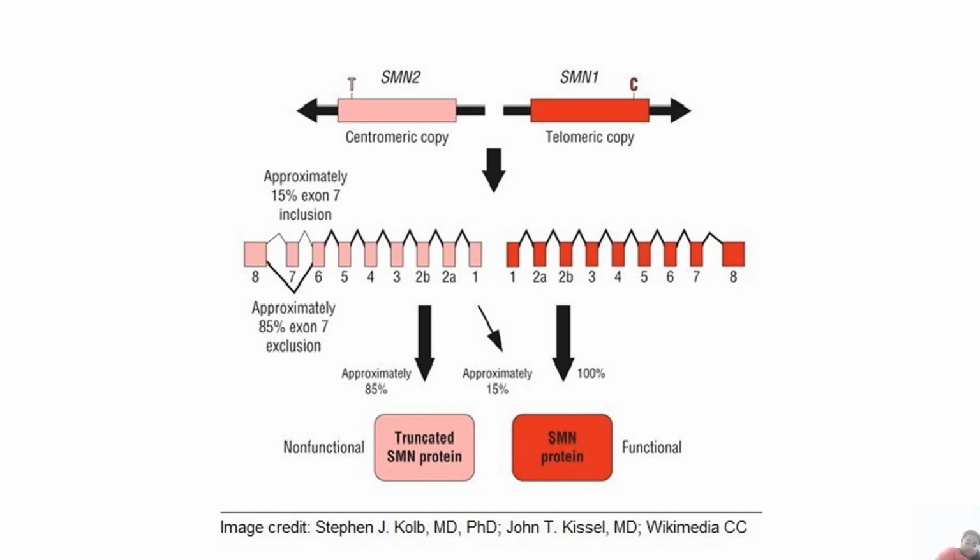This image is from this particular page. You can see the centromeric copy and the telomeric copy, with approximately 15% exon 7 inclusion in the centromeric copy, which leads to a truncated, non-functional SMN protein, while the telomeric copy leads to approximately 100% functional SMN protein.